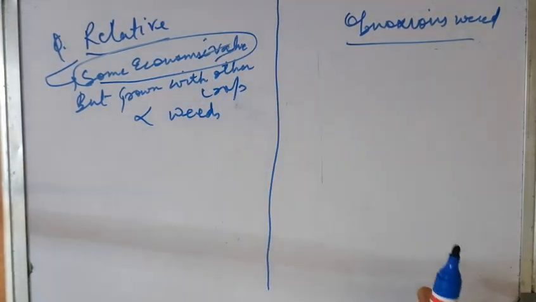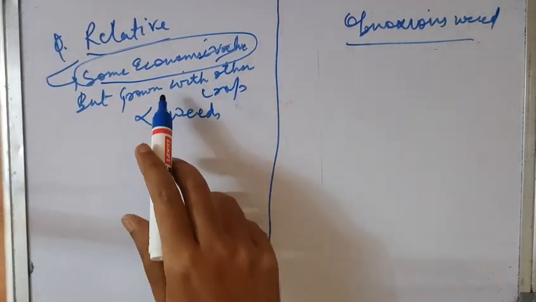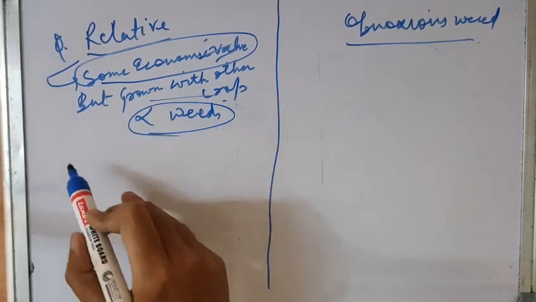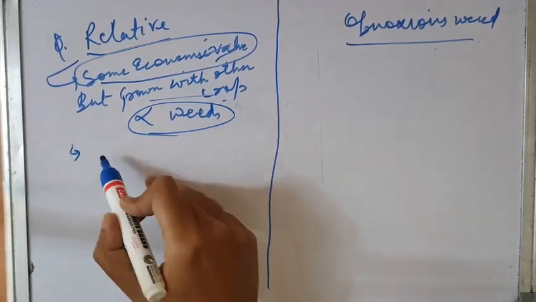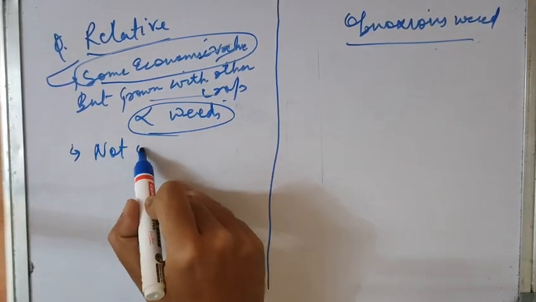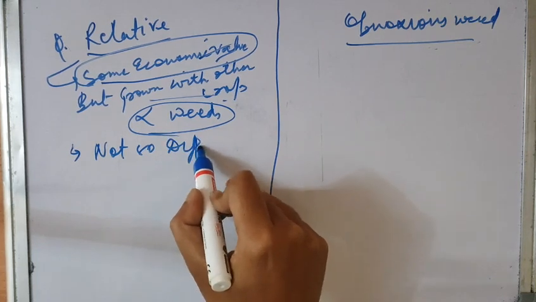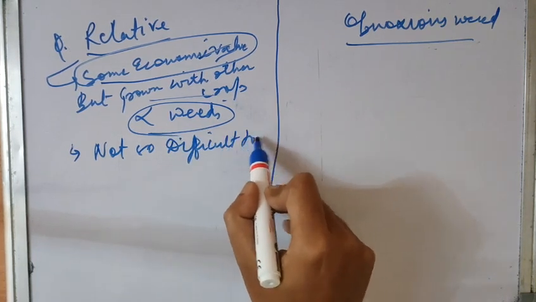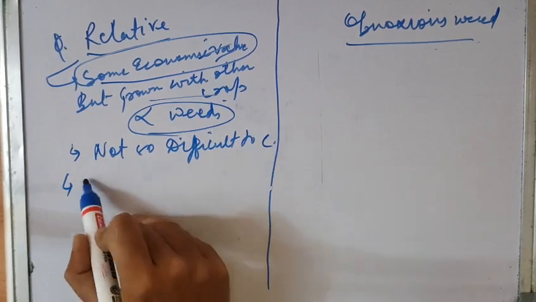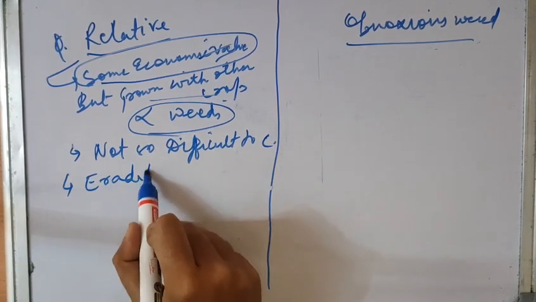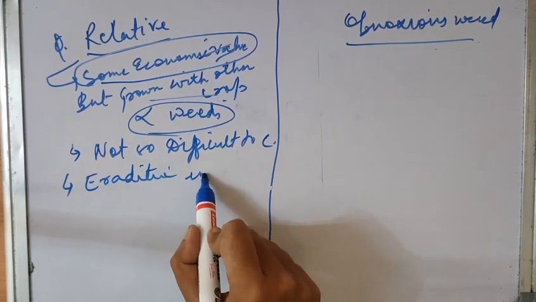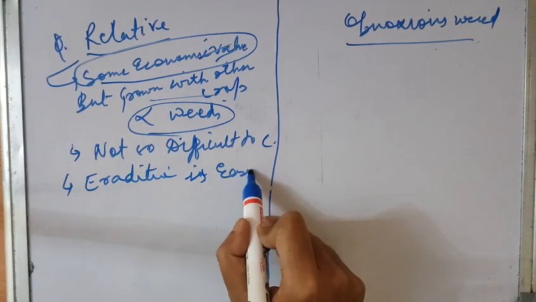Normally it has economic value, but by accident they grow with crops and become weeds. It is not so difficult to control. Eradication is very easy.